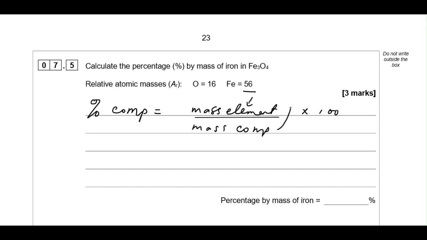So the mass of the element is iron, and in Fe3O4 there are 3 atoms of iron. The mass of the compound is the total mass of Fe3O4. So the mass of iron for the top is 3 times 56. The mass of the compound is 3 times 56 plus 4 times 16.